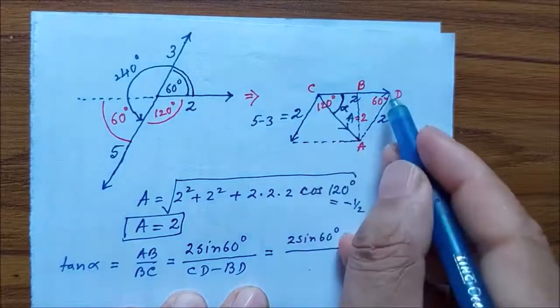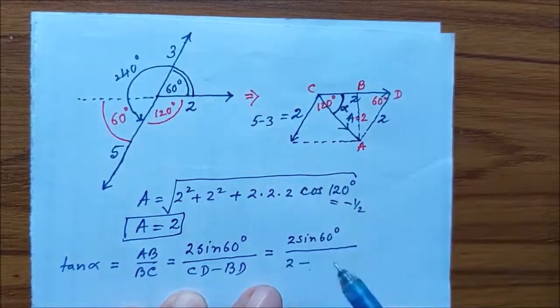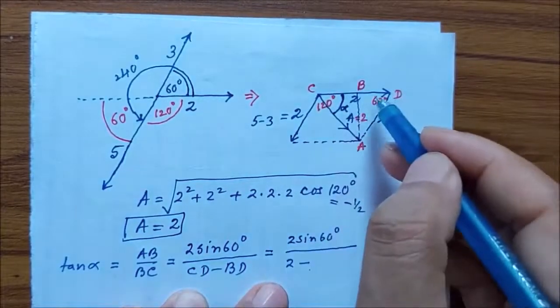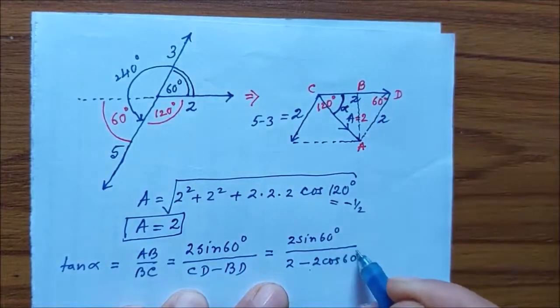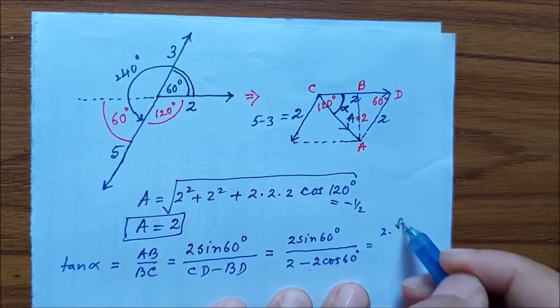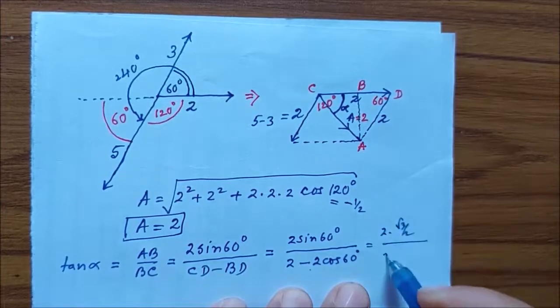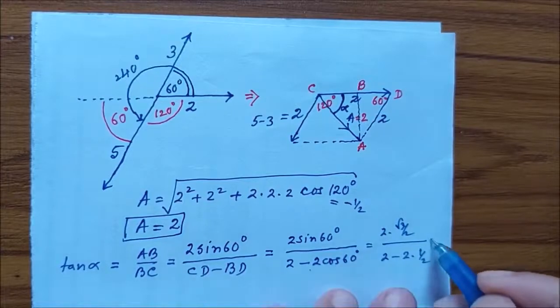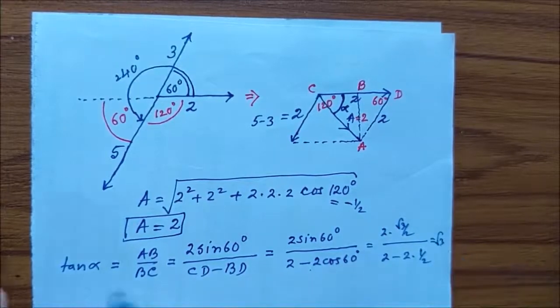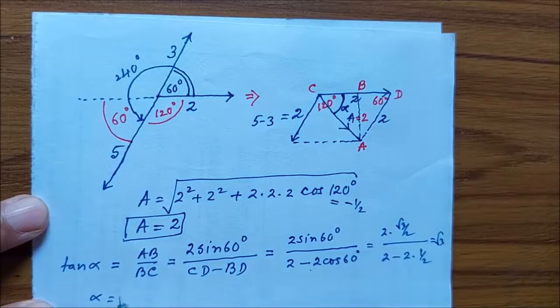Now CD is 2 and BD is twice cos 60. So it is twice of root 3 by 2, 2 minus twice of half, and this is root 3. So tan alpha is root 3, so we get alpha to be 60 degrees, which is pi by 3.